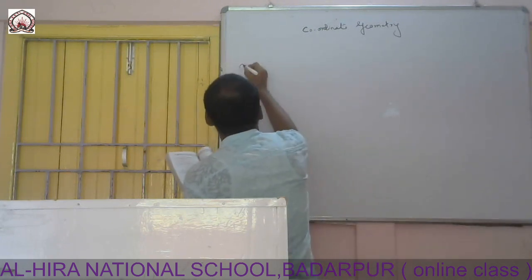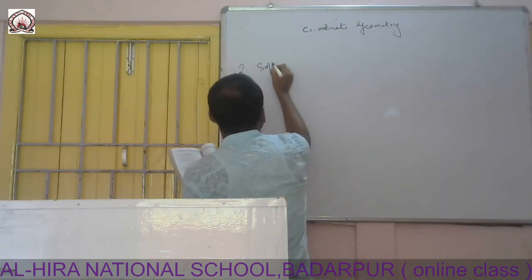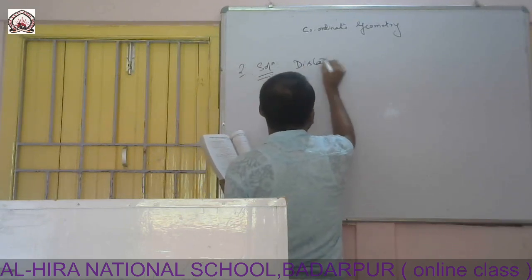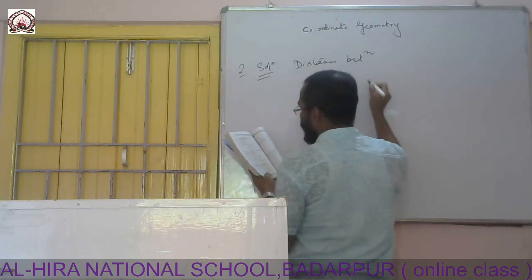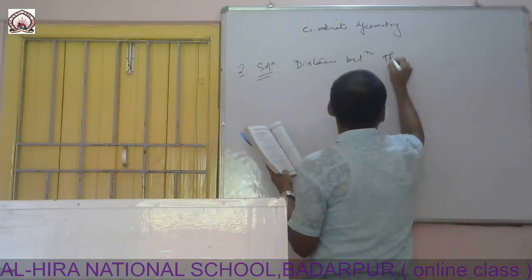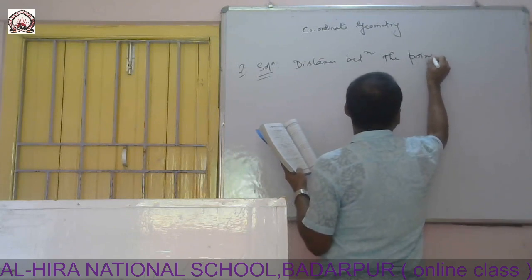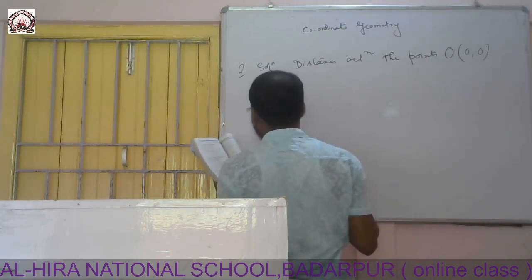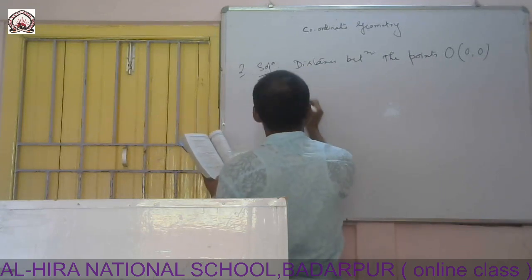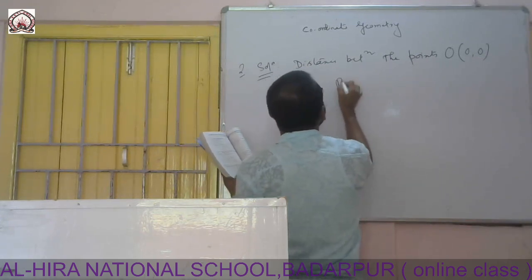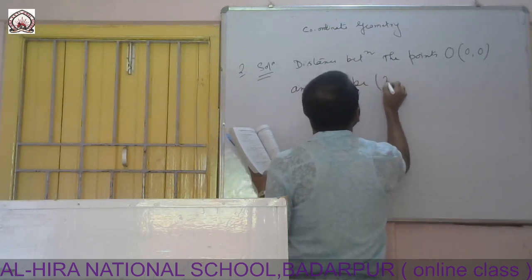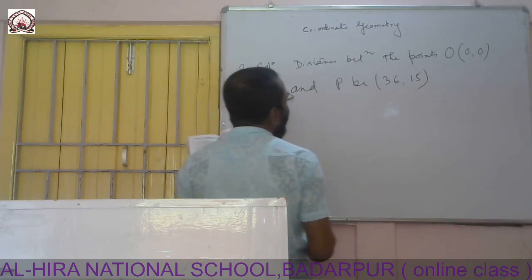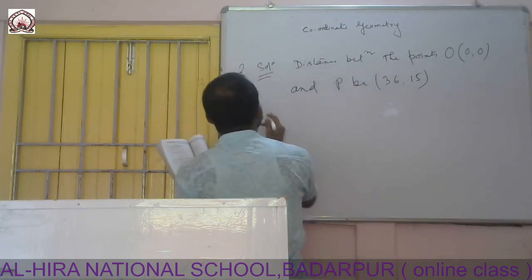So we can write the solution for number 2: the distance between the points (0, 0), that is O, and the point P (36, 15).